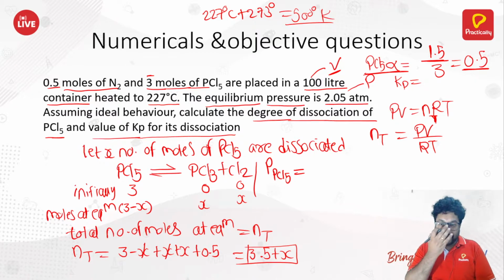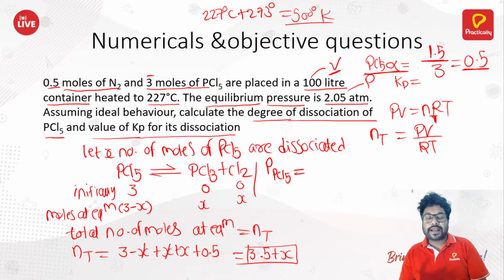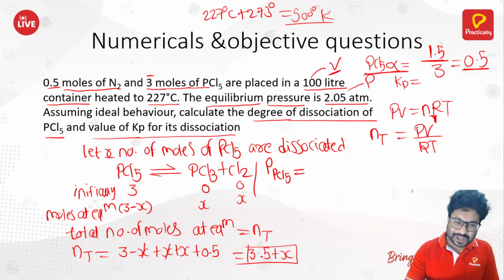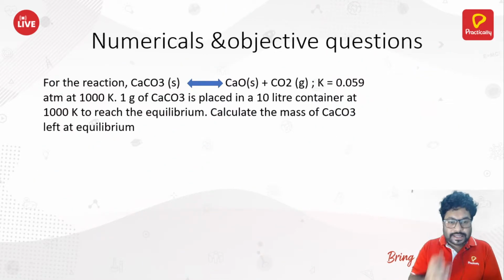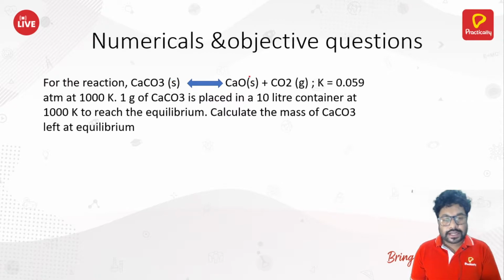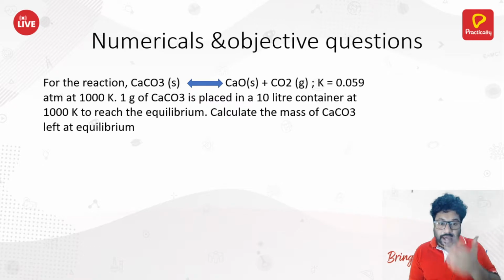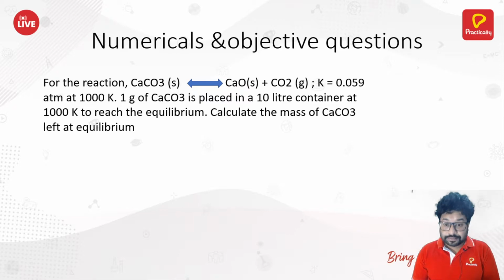Okay? So these are the ways by which you can solve numericals of this kind. Moving ahead. Now, for this reaction, CaCO3 dissociates to give you CaO plus CO2. The Kp for this reaction is 0.059 atm, already given.